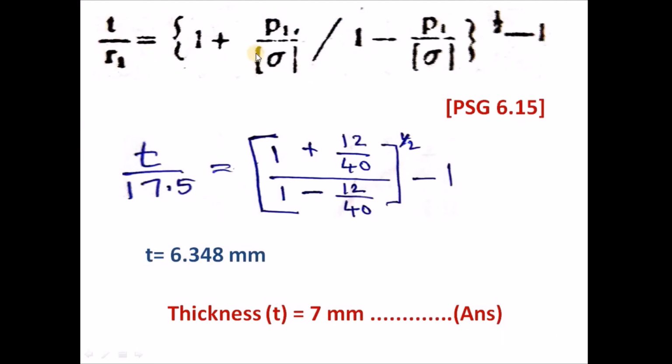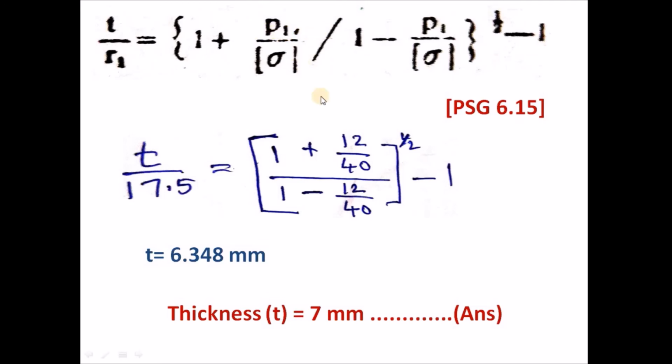This is applied again here. T, the thickness, has to be found out, divided by Ri. Ri means 35 is the diameter, half of that diameter is 17.5, equals 1 plus PI. PI means 12 Newton per mm square, the pressure inside the cylinder.